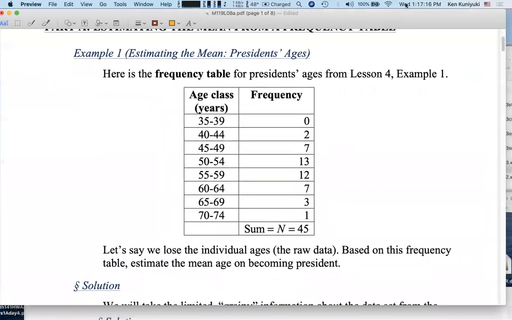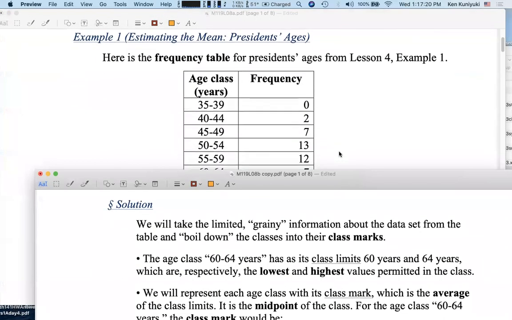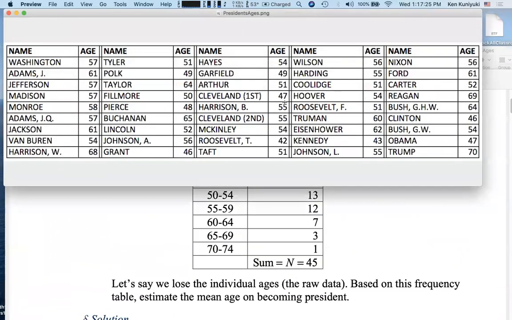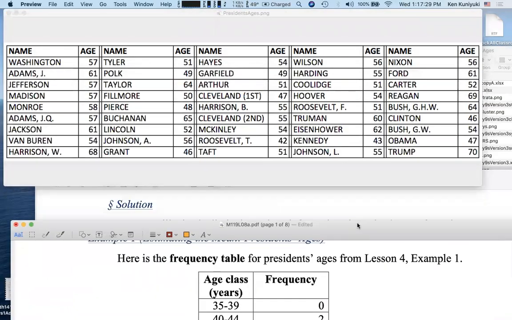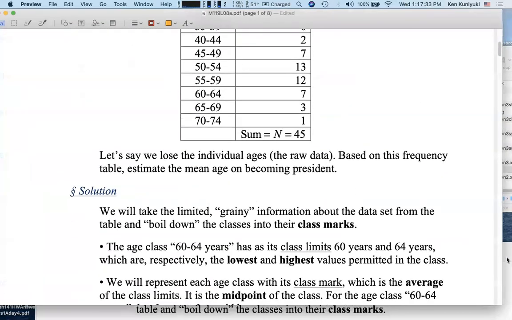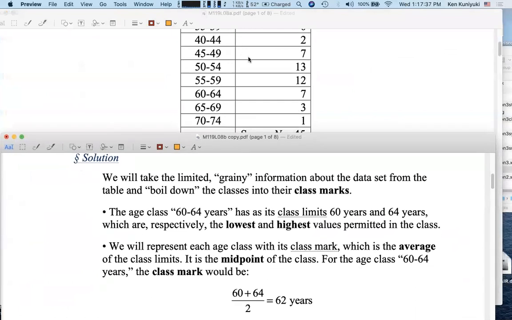Okay, so some ideas here. Basically, these various ages are being binned. They're being placed into classes. So for example, if we look over here, we have the data in a more granular form.